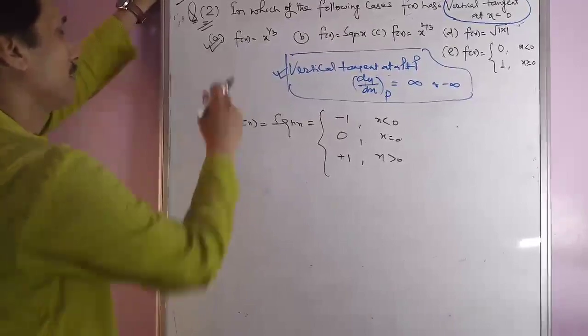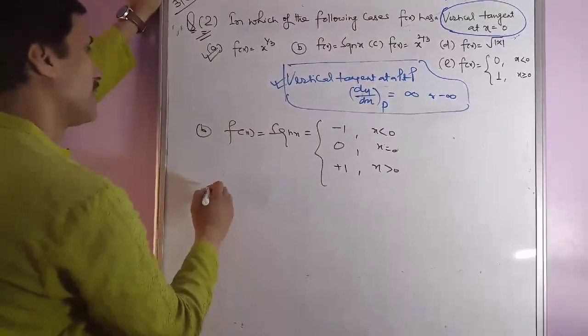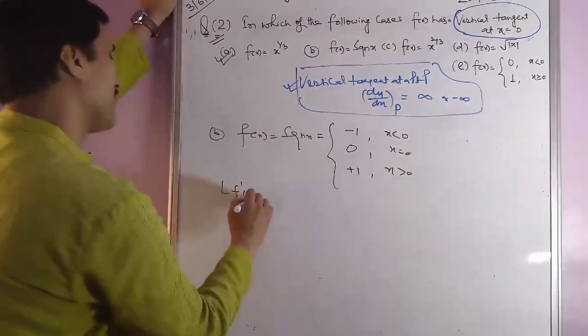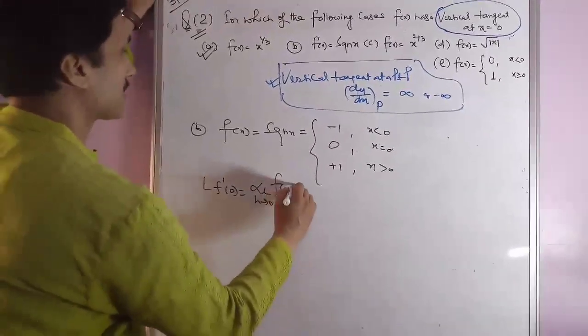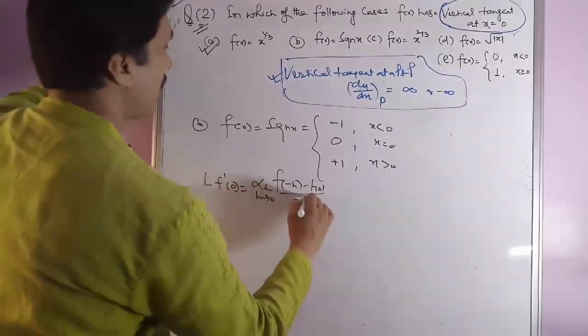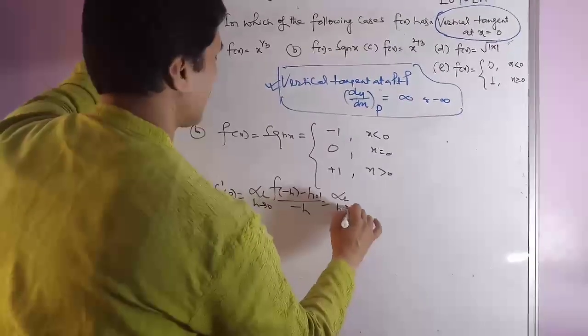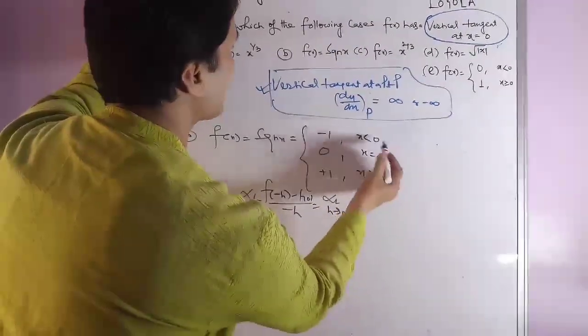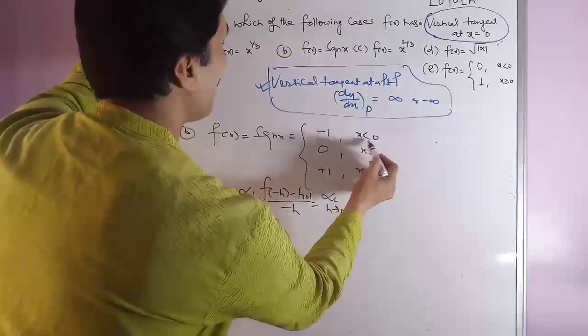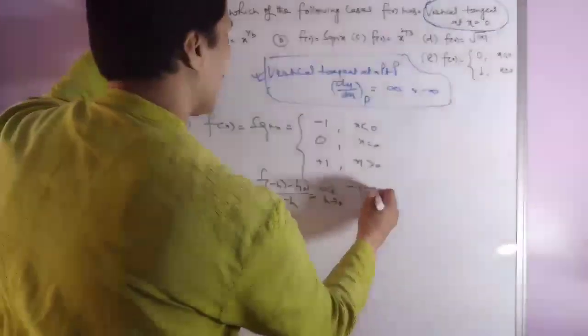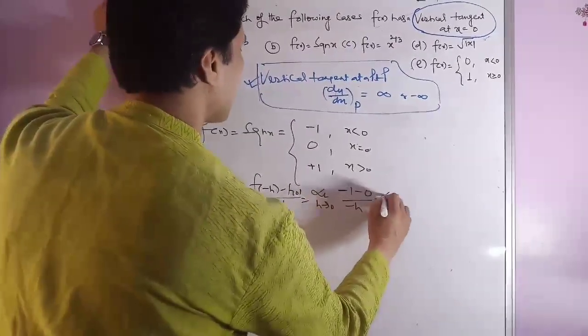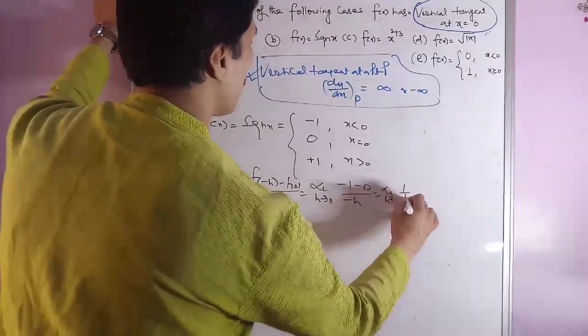Like the first case, L f dash 0, limit h tends to 0, f of 0 minus h minus f0 upon minus h, limit h tends to 0, f of minus h is -1, minus 0 upon minus h, limit h tends to 0, 1 upon h.